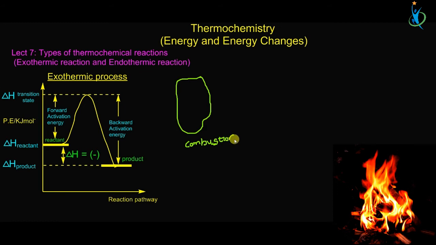And so let's say that we are burning this paper. Let's assume that we are combusting this paper, that is, we are burning this paper in air. Already we know that the surrounding is filled with a gas called oxygen gas that supports the burning process.